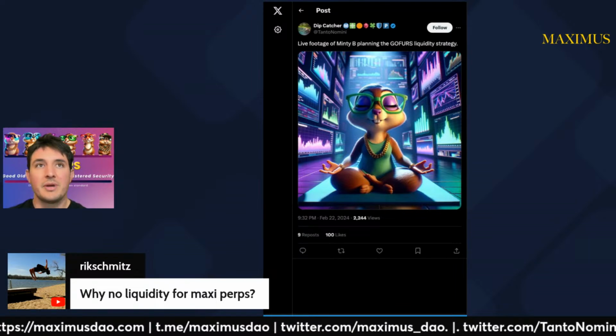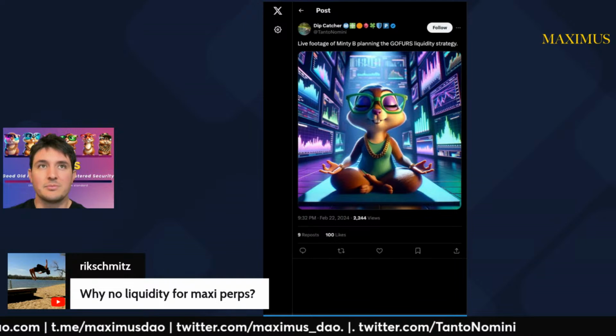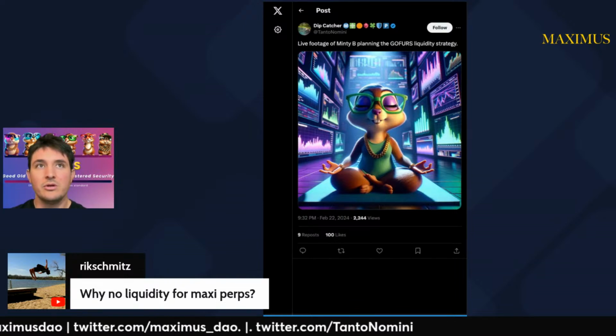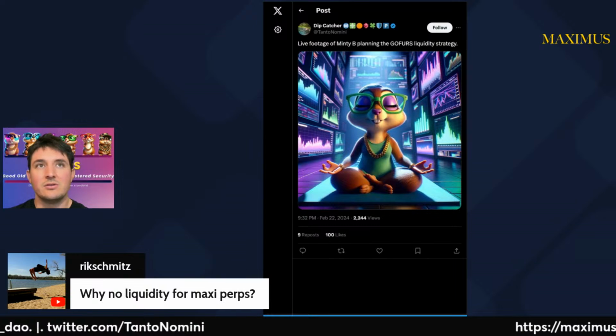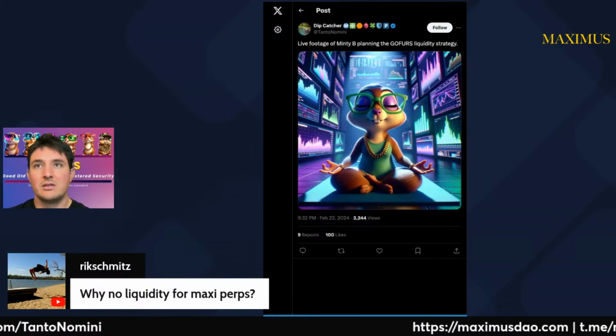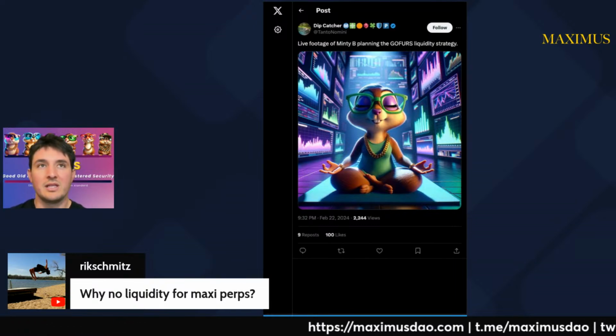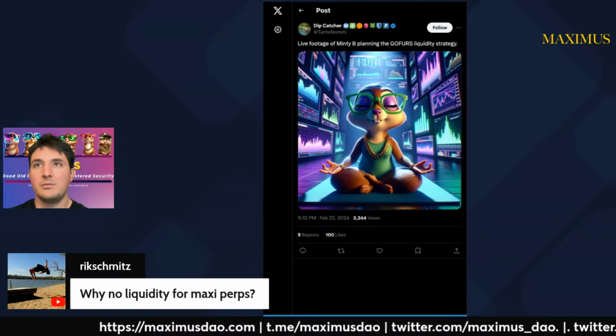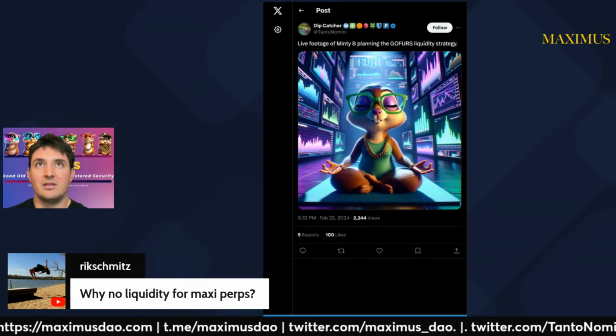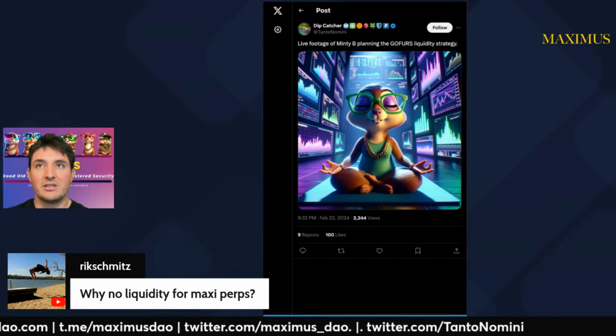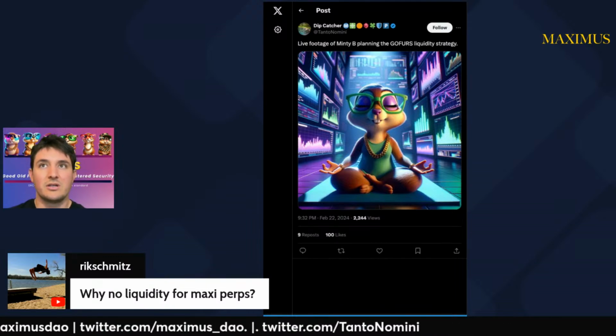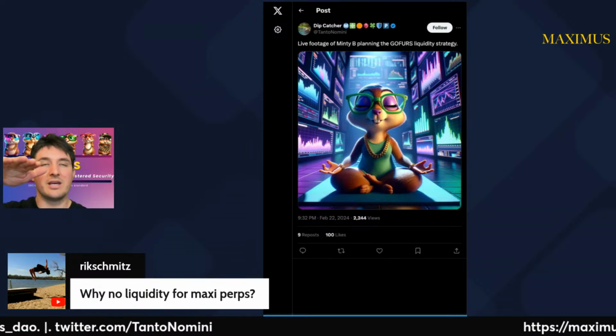Why no liquidity for Maxi perps? Because the people that own them have not put them in liquidity pools. Probably what that has to do with is that the expected fees are less than what you just earn by holding the coin and redeeming. The way the minting and redemption cycles work, every time the stake ends, the price basically yoinks right to that new redemption rate.